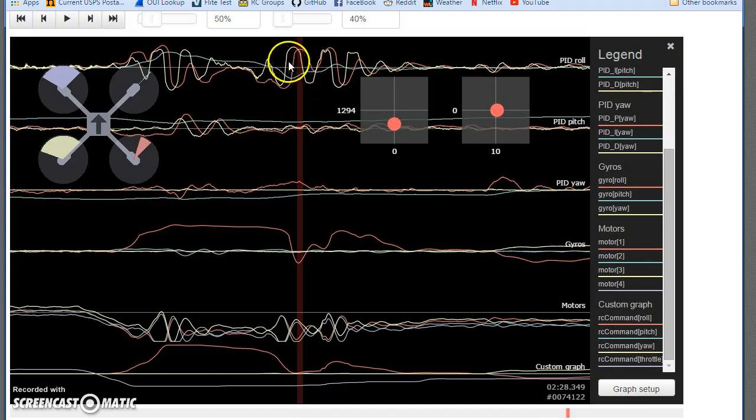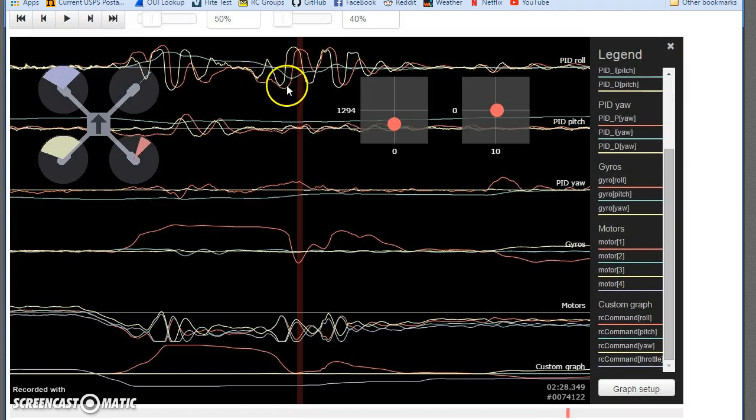Sometimes when you have too much I term, the answer is to decrease P, because if P is making too many oscillations, the copter will be constantly overshooting and never exactly right, and therefore I term will have a lot of slack to pick up. But I see here that P term is trying to slow the move down, and I term is agreeing, so P term is not too strong here.